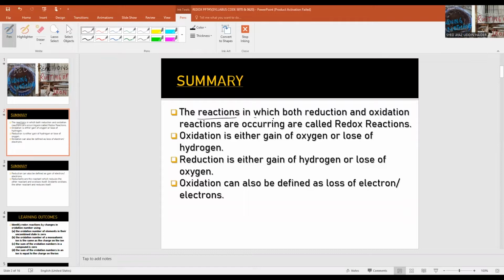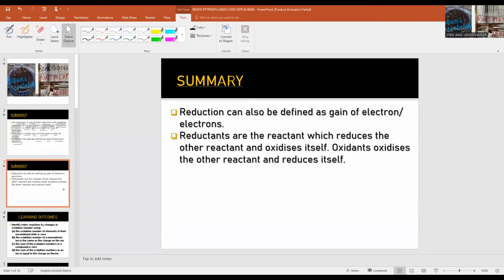The reactions in which both reduction and oxidation reactions are occurring are called redox reactions. Oxidation is either gain of oxygen or loss of hydrogen. Reduction is either gain of hydrogen or loss of oxygen. Oxidation can also be defined as loss of electron or electrons.